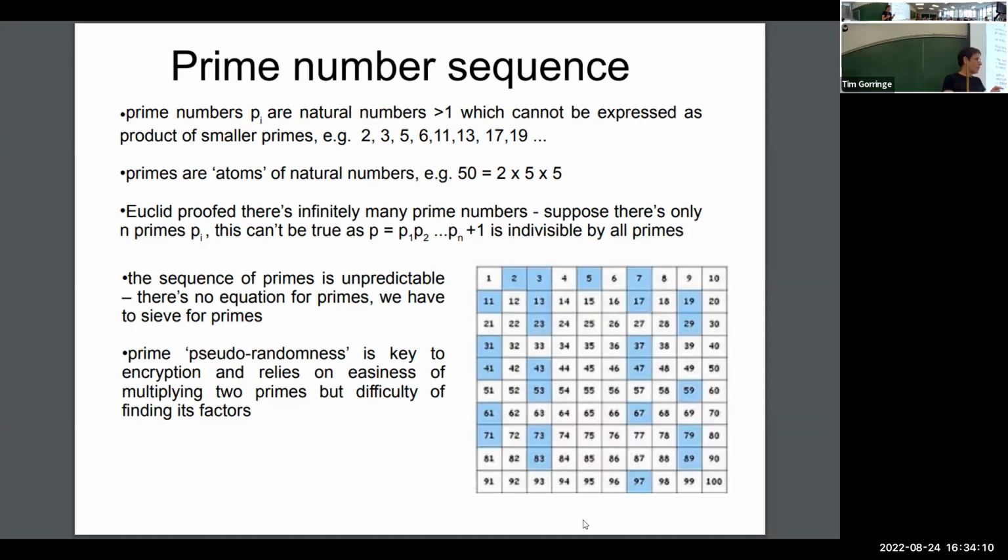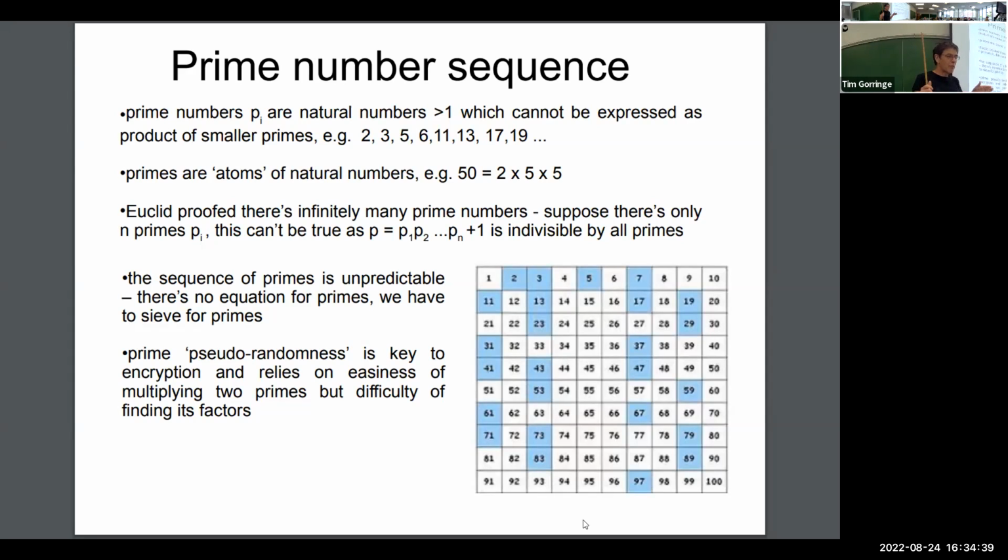Then if you multiplied them all together, prime number 1, prime number 2, prime number 3, up to prime number n, and you added 1 to that, you can't divide that by any of the n prime numbers. So it can't be that there is a finite number of prime numbers. There has to be an infinite number of prime numbers. So that's the famous proof.